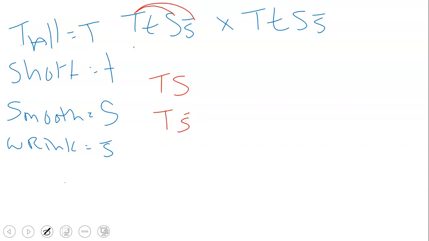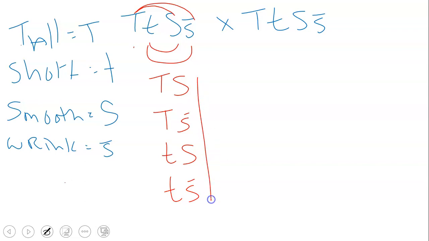Equally as likely. And then it's equally as likely that gametes are little t, big S, and equally likely little t, little s. So there's 4 potential gametes, and each are equally as likely to form. So we say 1/4 of this organism's gametes will be each of these genotypes.